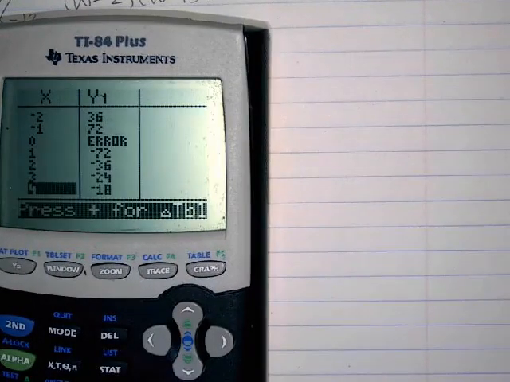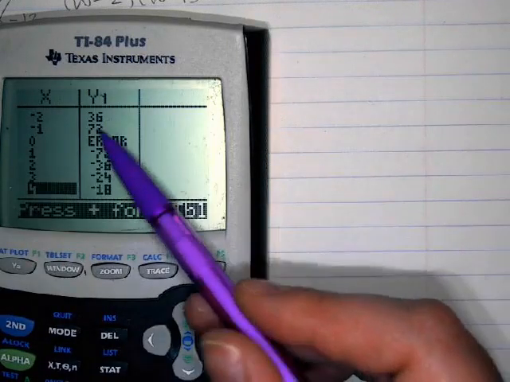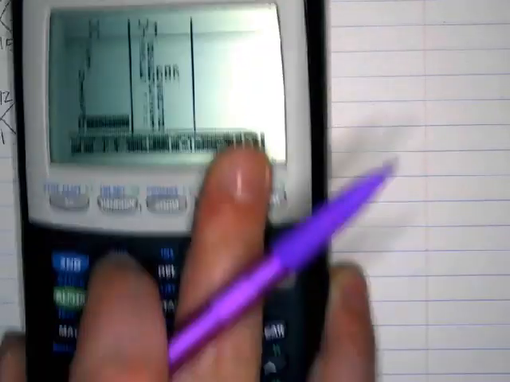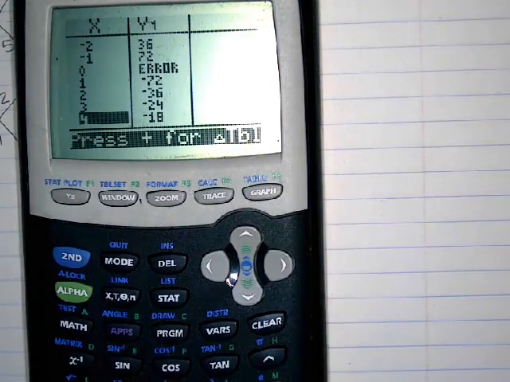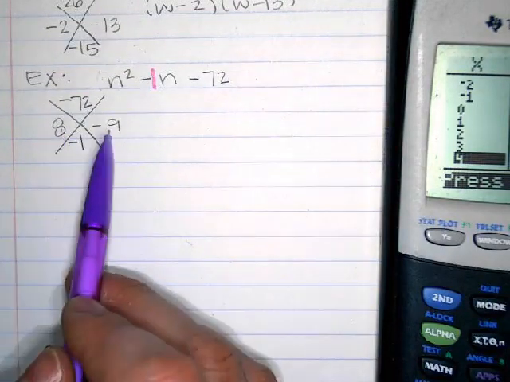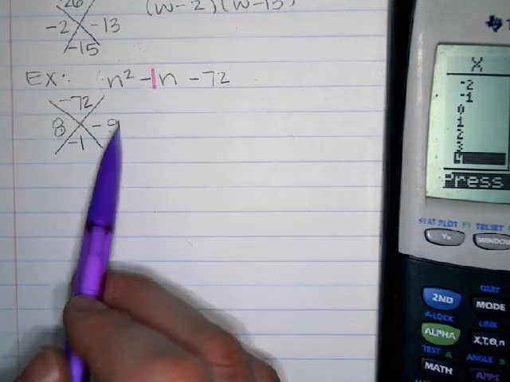It's not negative 1 and 72, because those add up to 71. We need the numbers to add to negative 1. Positive 8, negative 9. So these are two numbers that multiply to negative 72, but if you add them together, they add to negative 1.